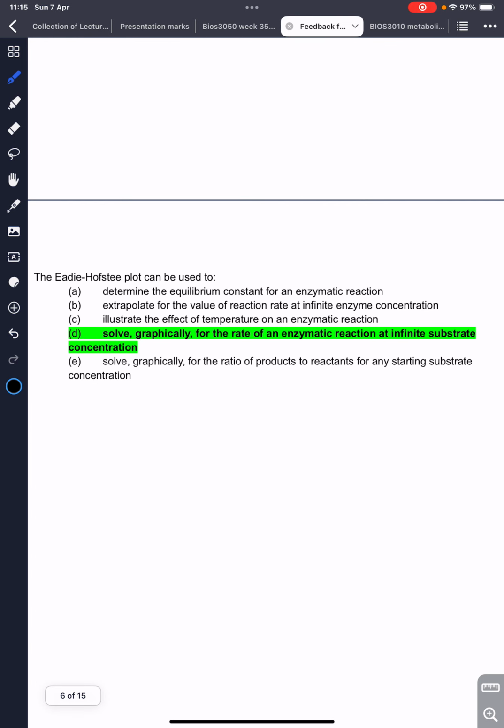This question asks you about an Eadie-Hofstee plot, and if you remember correctly, in an Eadie-Hofstee plot, we plot the rate over substrate concentration versus the rate, and what we find is more or less a straight line.